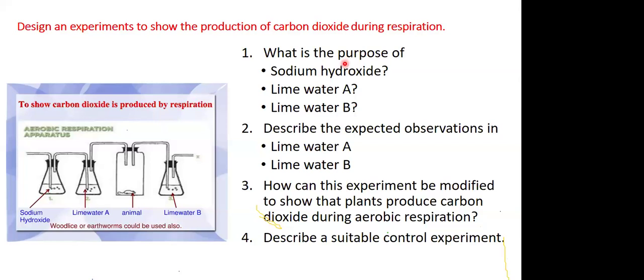Sir, I think that during photosynthesis, carbon dioxide is not given, but instead oxygen. So we cannot get the correct results because carbon dioxide will not be produced. Sorry? Carbon dioxide is not. Carbon dioxide is not what?